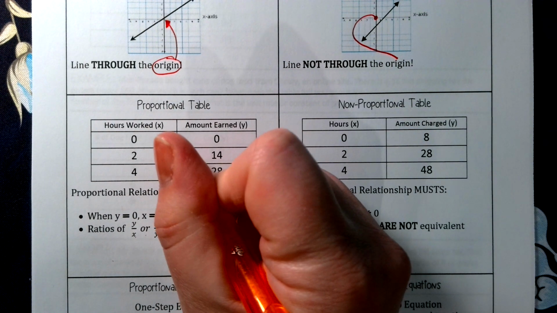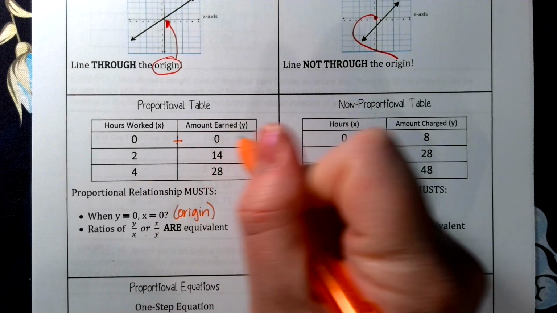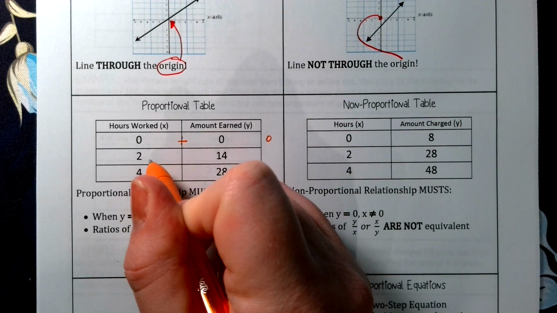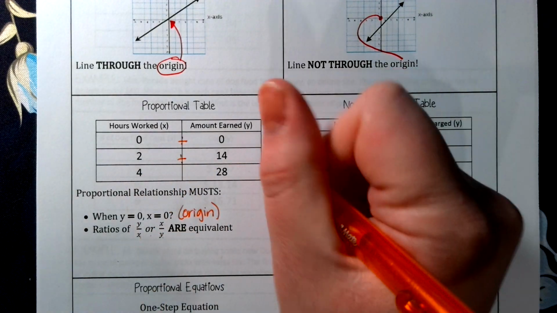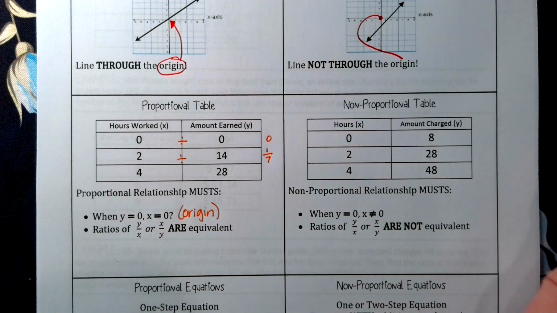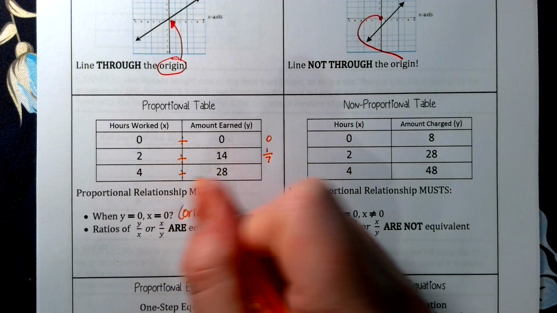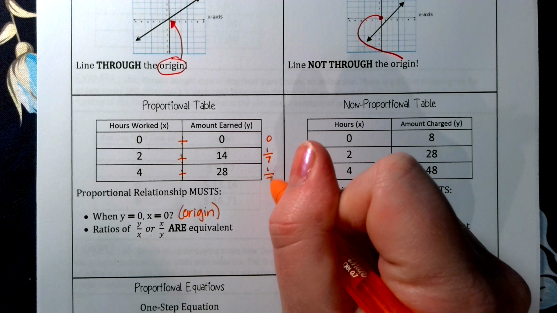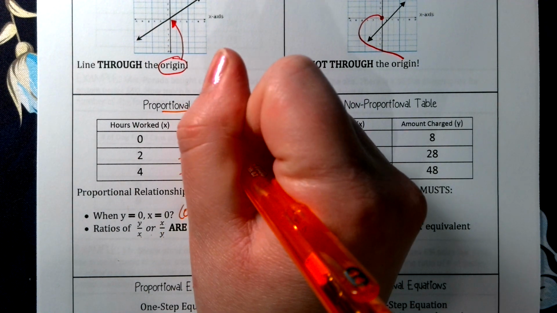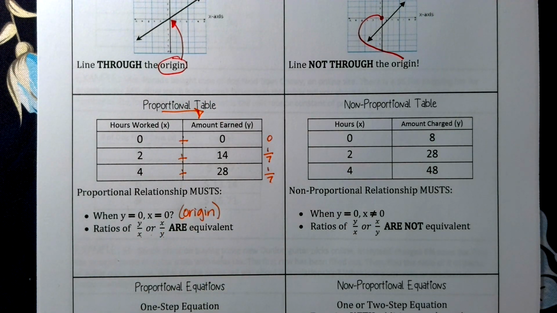So if I do 0 divided by 0 this way, I get 0. 2 divided by 14, that's 1 over 7. 4 divided by 28 is 1 over 7. So that's if I go this way with my division.